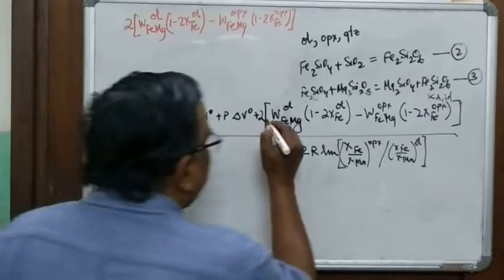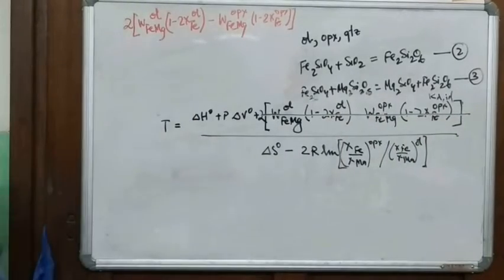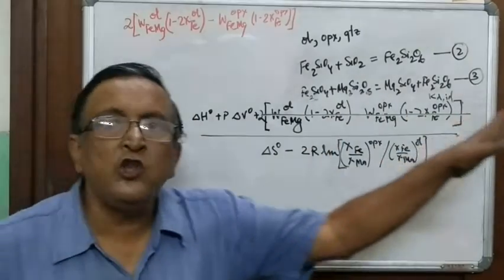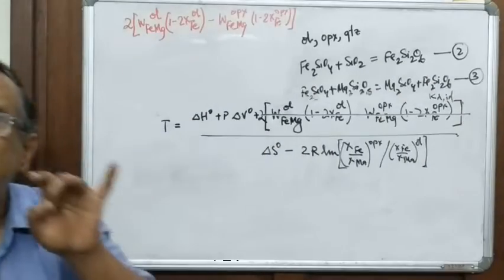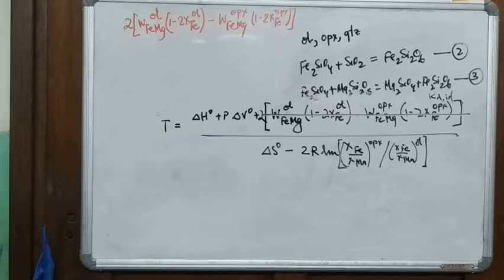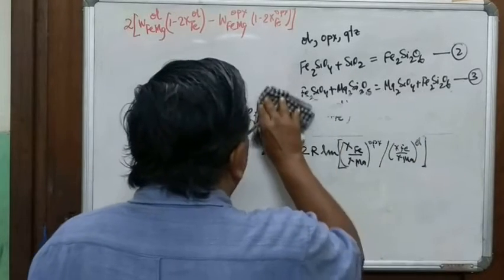So in their expression, this is not there. That means there is no non-ideality term. It's an ideal exchange reaction. So they don't have this term.